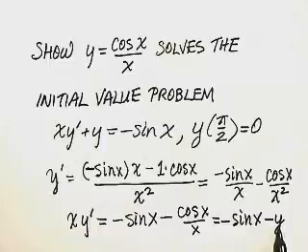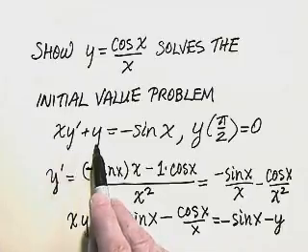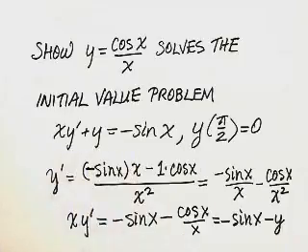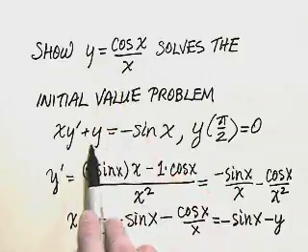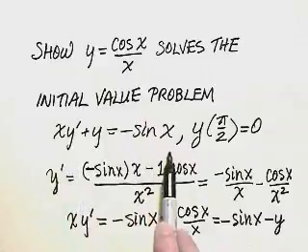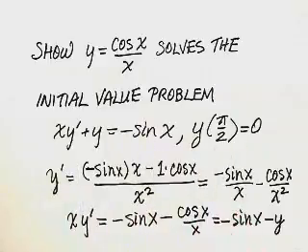And so if I move this y over to the other side of the equation, we get xy prime plus y equals negative sine x, which is our differential equation. So this function y equal cosine x over x does solve this differential equation and solves this initial value. So consequently, it is a solution of the initial value problem.